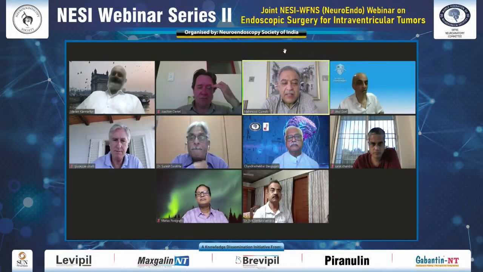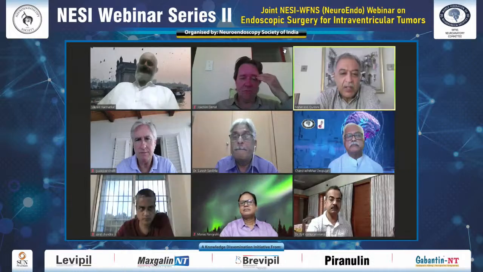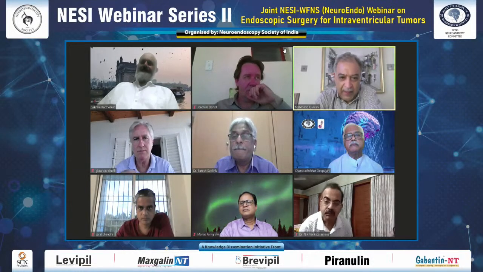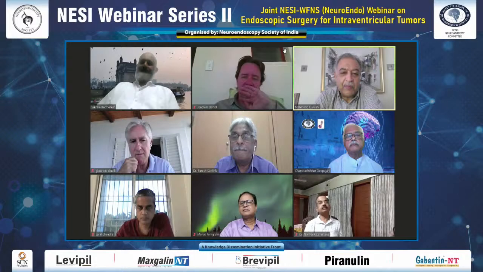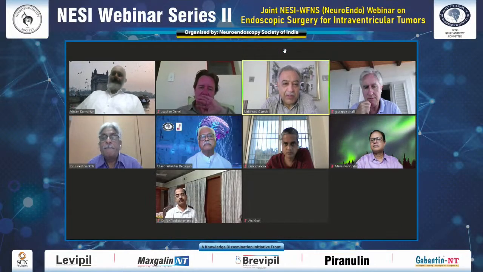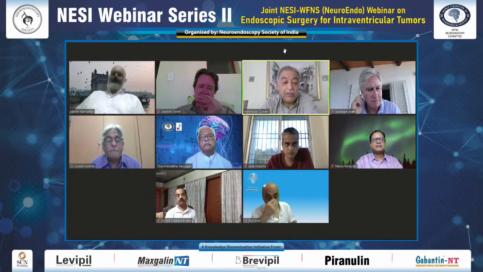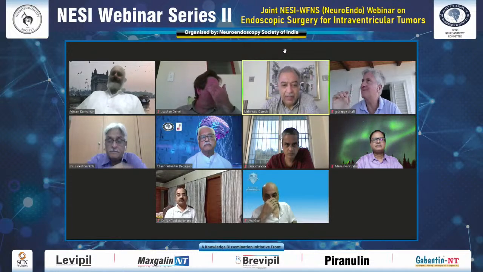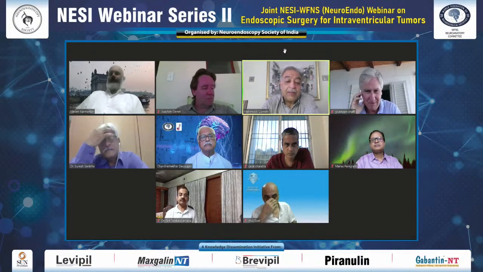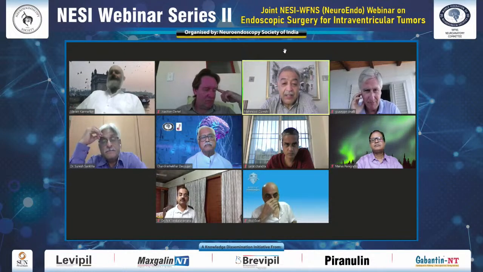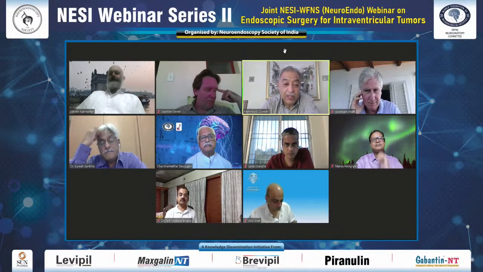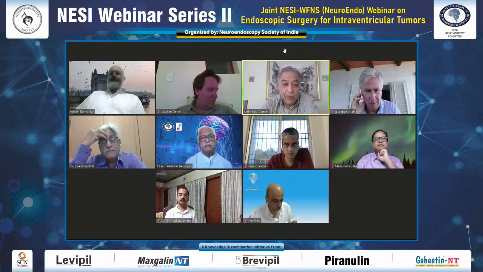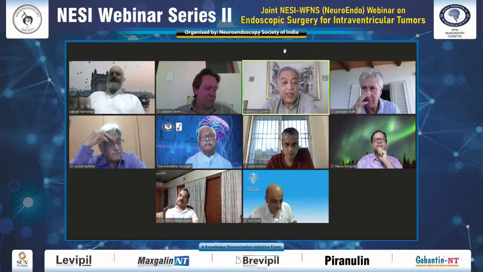ETV has almost become synonymous with the floor of the third ventricle. And I think when we are indicating treatment for hydrocephalus, the world over, everyone seems to obviously concentrate on the tuber cinereum, entry into the third ventricle, look for the basilar, etc. But there are instances, and particularly in our countries, where post-infectious hydrocephalus is a problem, and the floor may be thickened and may not be very clear.